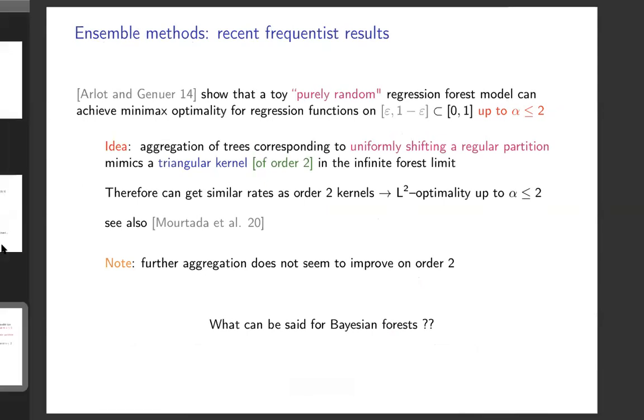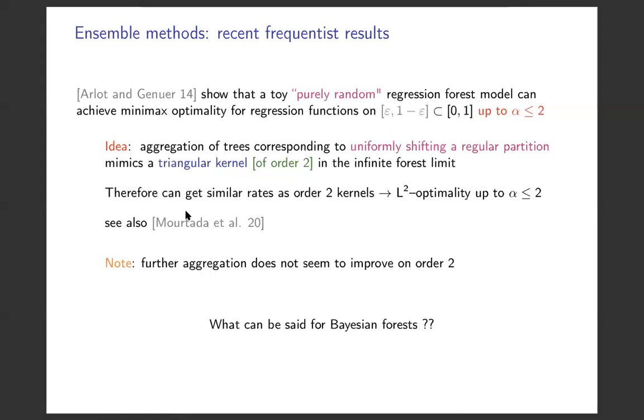What they considered is, you just have your regression model on the unit interval, and you take a single tree estimator on a regular dyadic partition, and then you shift your partition many times, for instance according to a uniform random variable, so sampled many times, and then you aggregate.